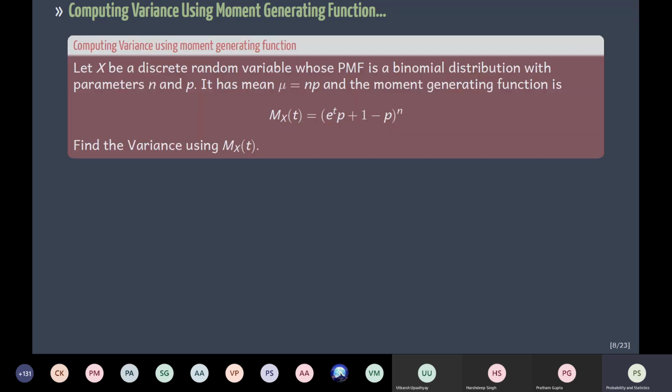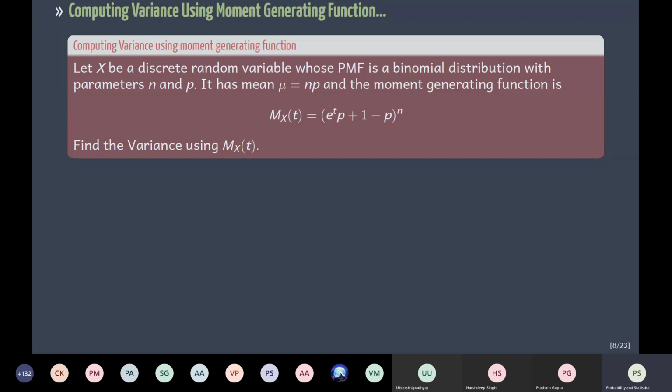If I have to compute the variance, what do I need? I need two things. So M_X double derivative with respect to t.